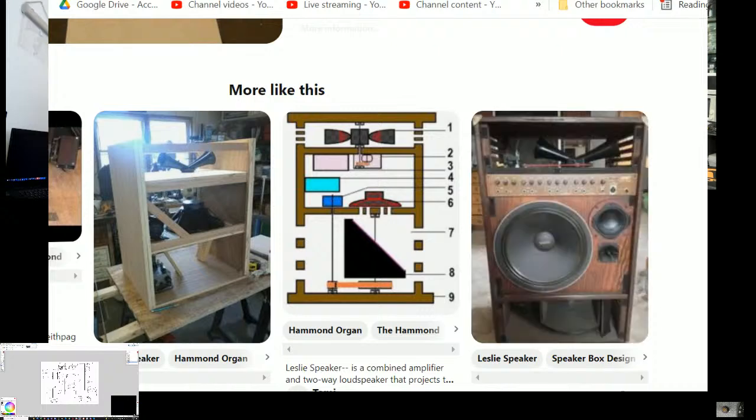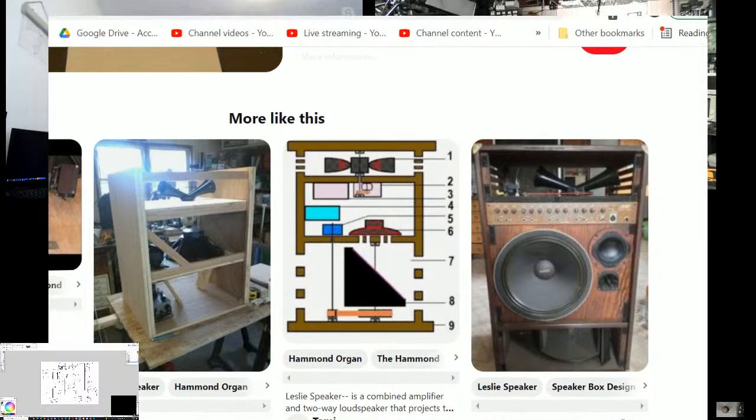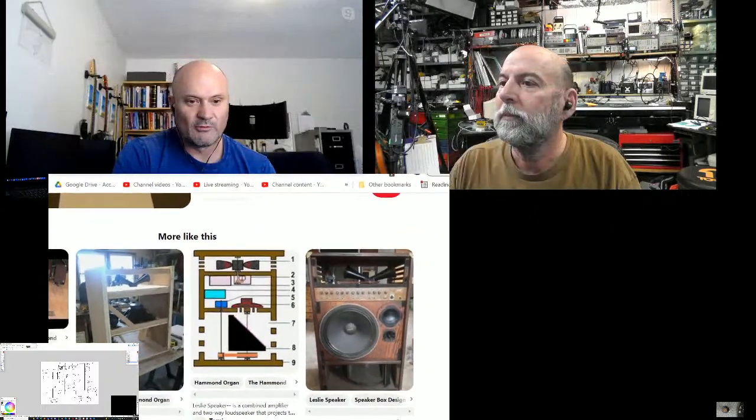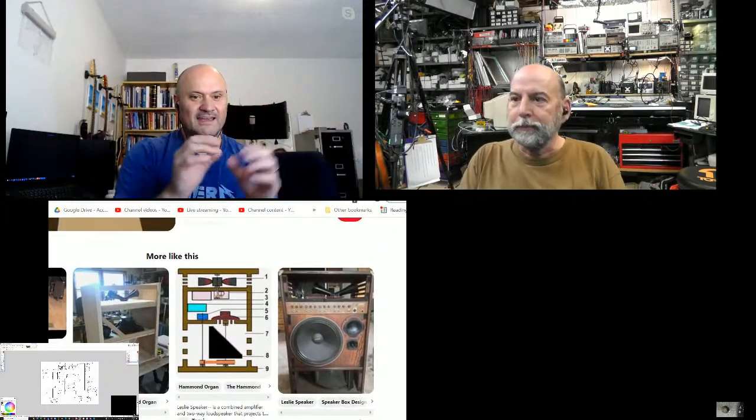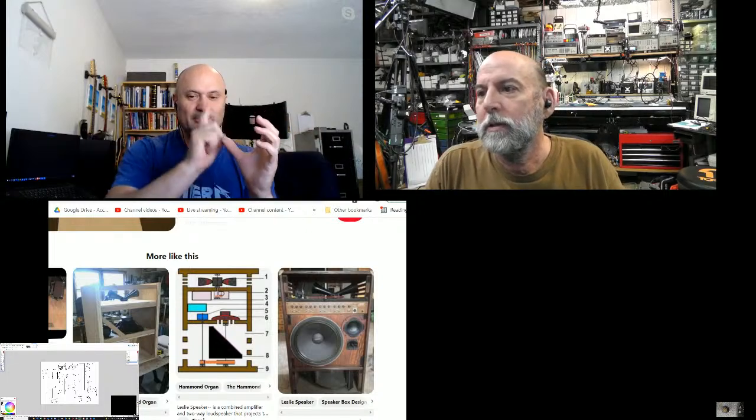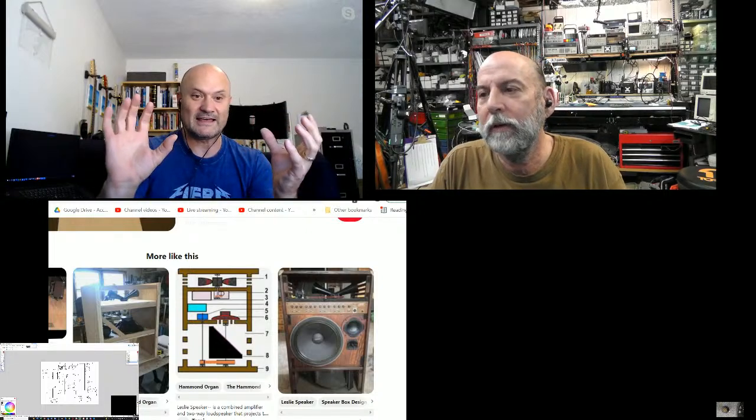So the rotating horn was using the Doppler effect. That's right. To create a frequency shift and a phase shift, which I think of as flanging. Or flanging and chorus, depending on the delay or how close you are to it. What you get is one of the horn arms swings towards you, compressing the waves and going up in pitch and getting a little louder as it comes towards you.